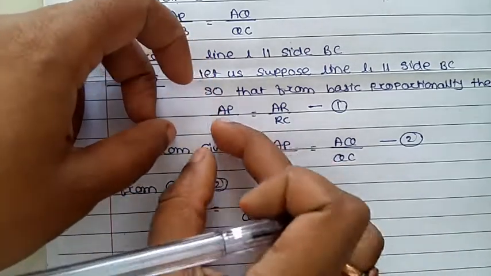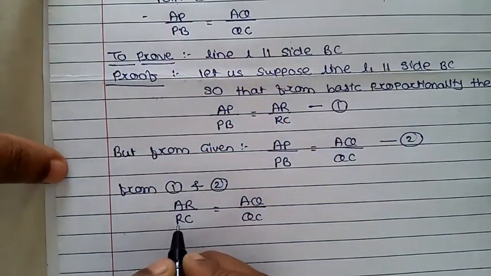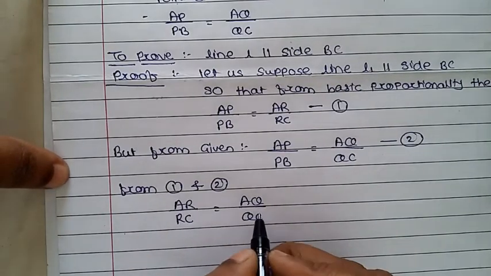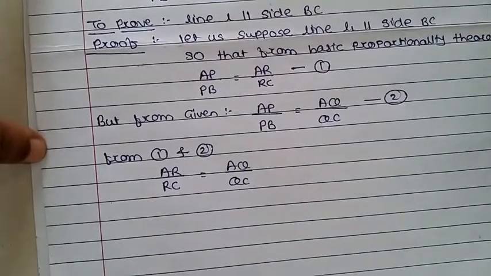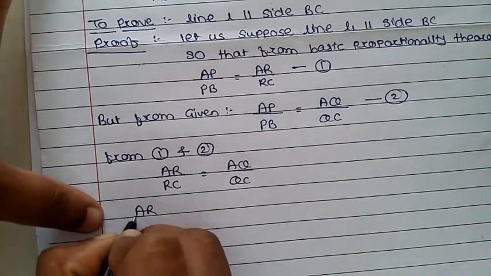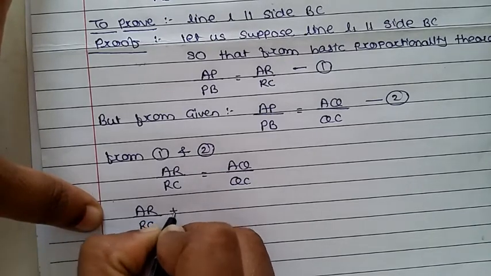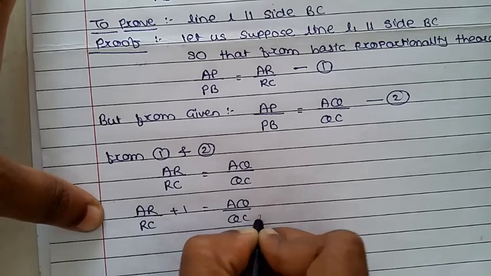That means if this side is equal, then the other side is also equal. Therefore, AR upon RC is equal to AQ upon QC. Clear? Suppose I add 1 to both sides. Then what happens? AR upon RC plus 1 is equal to AQ upon QC plus 1.